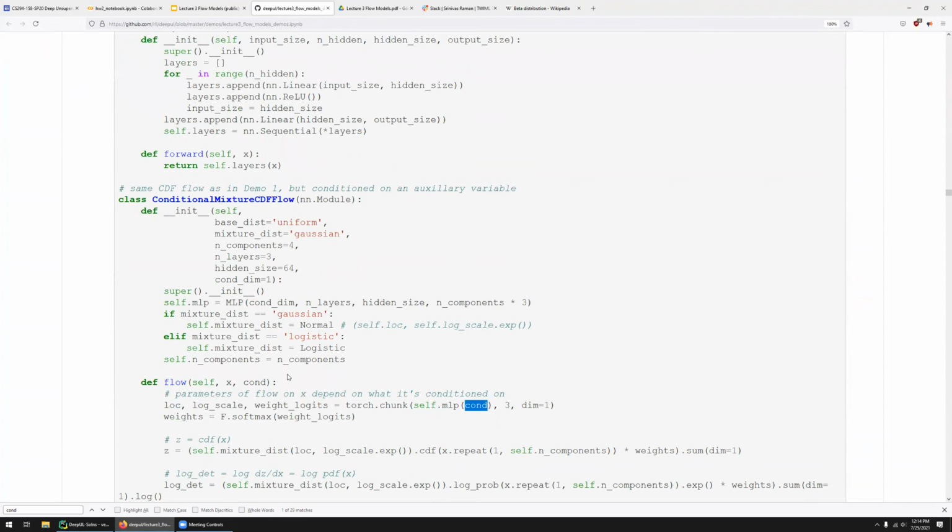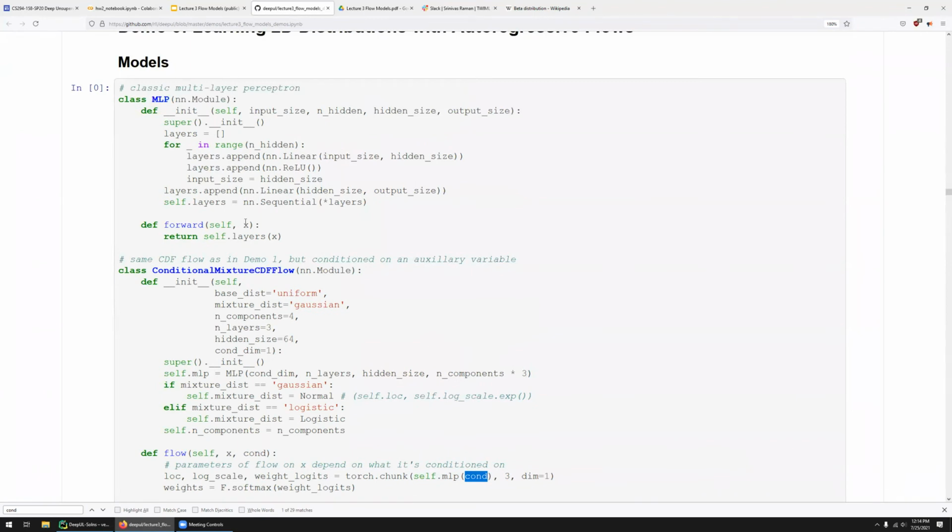So conditional is probably going through the layers of the MLP. And MLP takes the conditional dimension, layers, hidden states, and components times 3. So the condition is torch.chunk, log scale with logits.